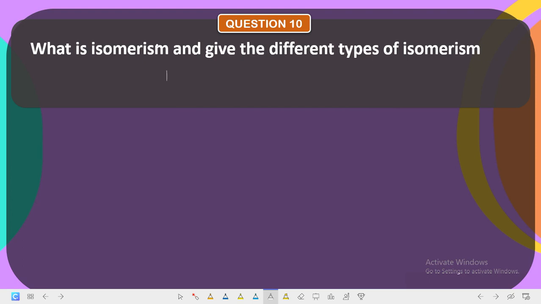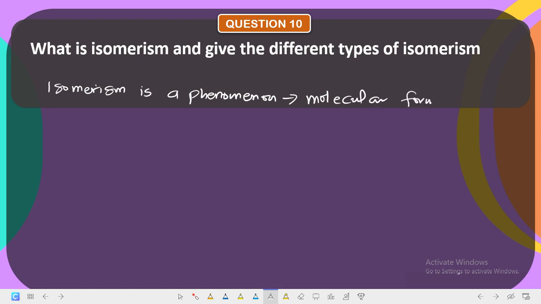Now, the next thing is, what is isomerism, and give the different types of isomerism. I believe that this is not something that is new to us. Isomerism, as the name implies, is a phenomenon whereby compounds have the same molecular formula but different structural arrangement.